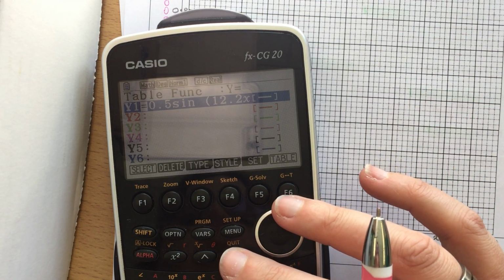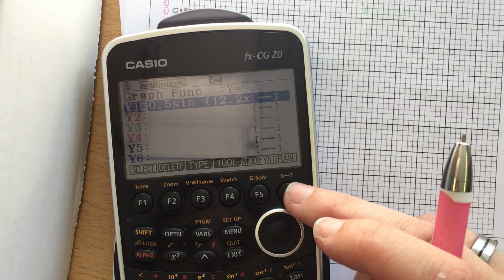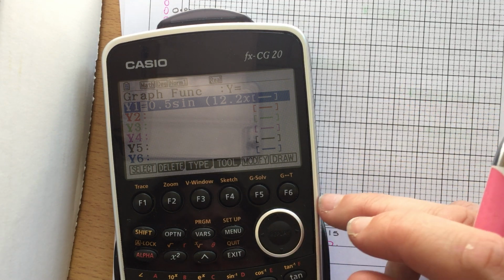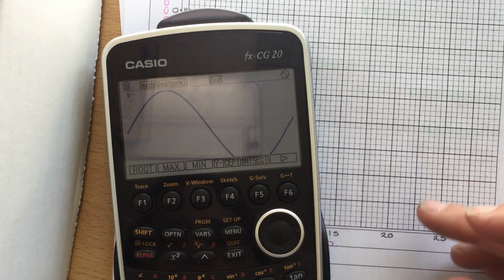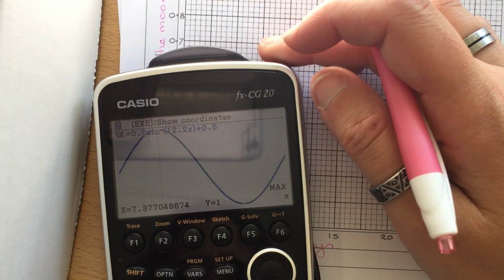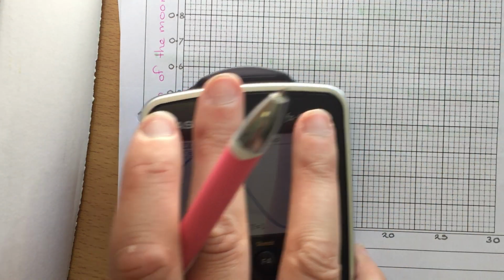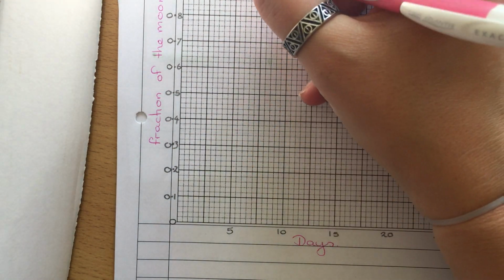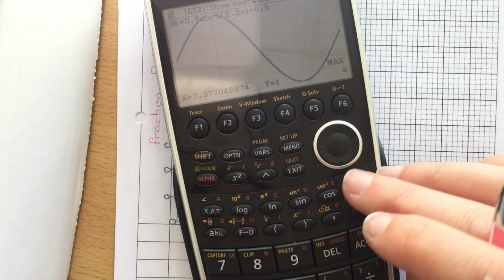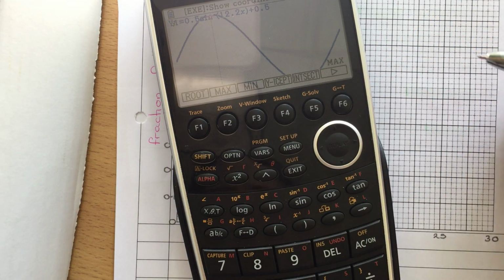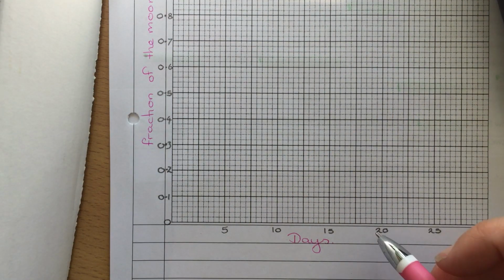So from a practical point of view, you need to make sure that your maximum is plotted right and your minimum is plotted right. So if we draw this and do G-solve maximum, that's going to be y equals 1 at 7.4. So we're looking at about here. And if we look at G-solve minimum, that's going to be at 22.1.